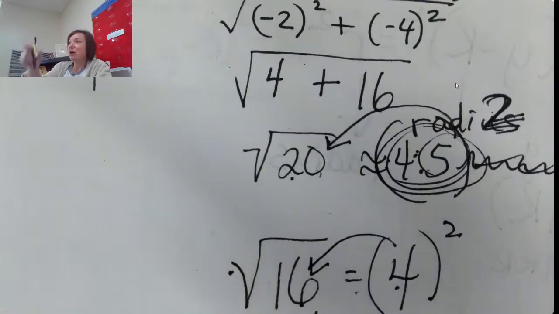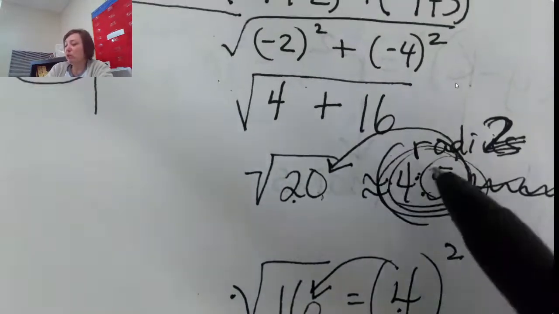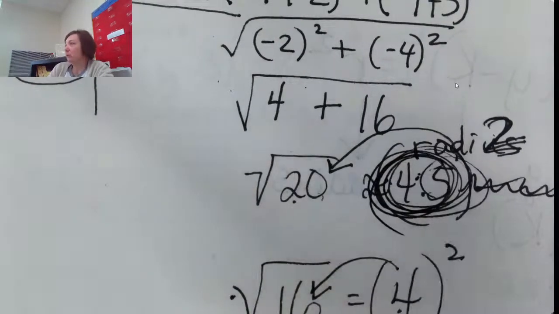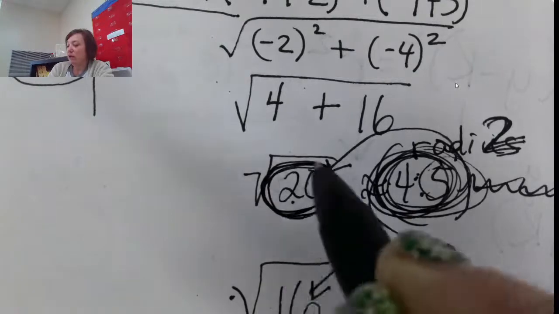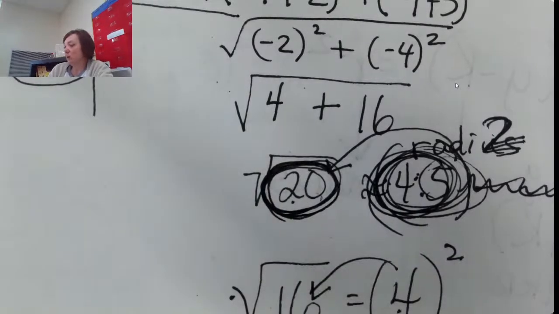Well, that's the number that we took the square root of to get the 4. So when you square it, you're going to get the 16. Do y'all see what I'm saying? The reason I'm showing you this is because I don't want you rounding a rounded number. So if you do the distance formula and you're putting that r squared in there, you can just stop right here and use that.